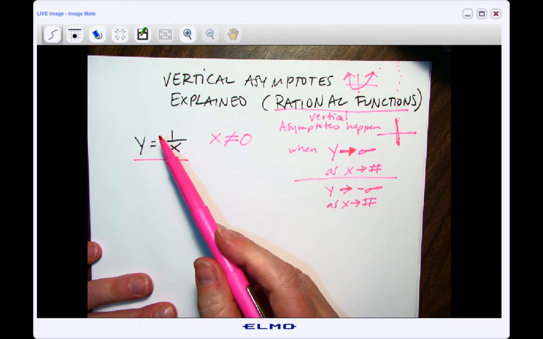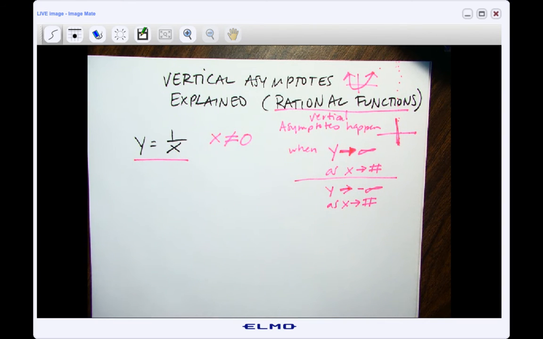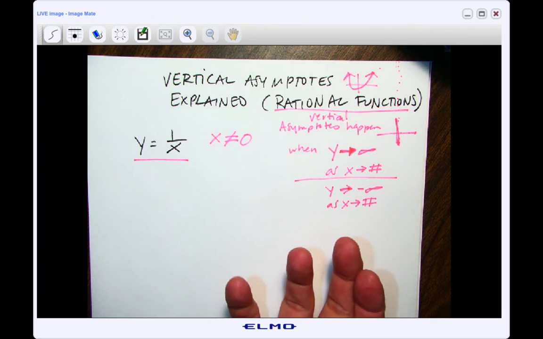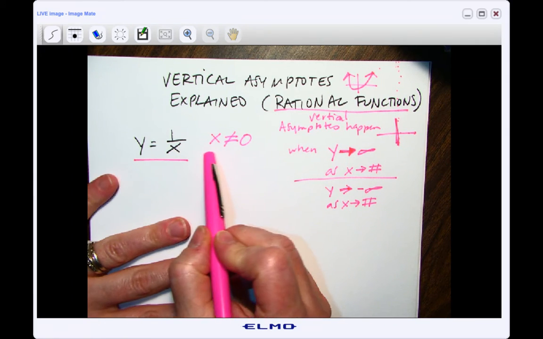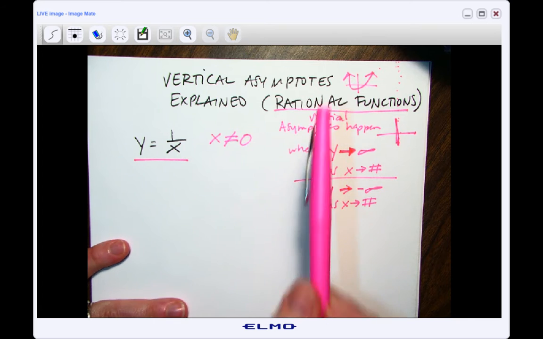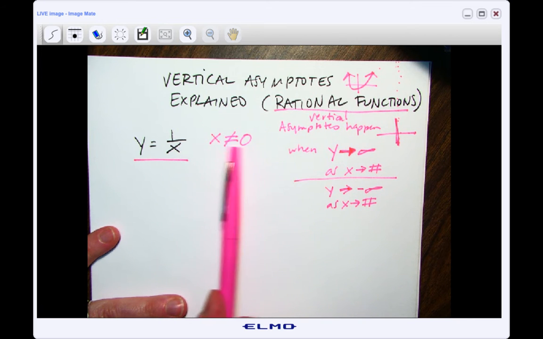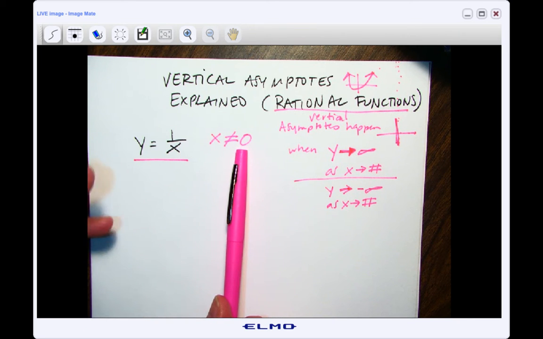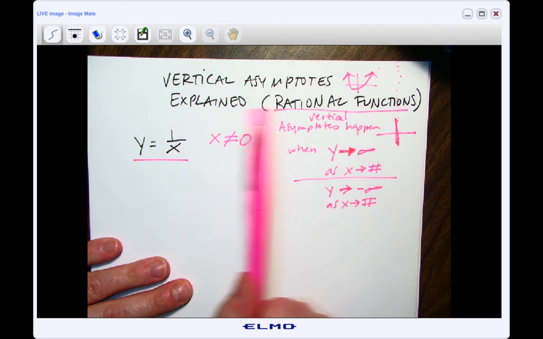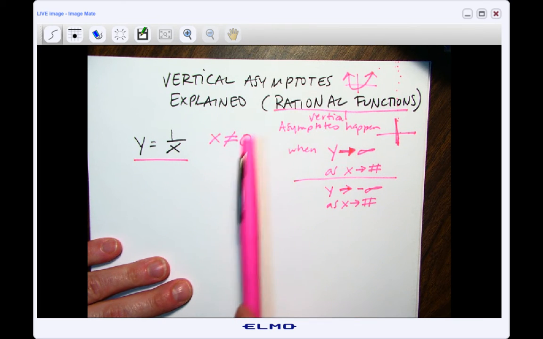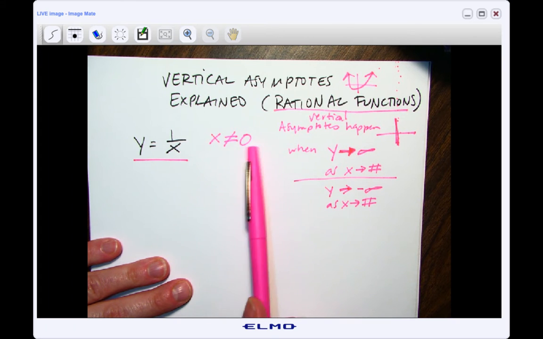Because that would mean we're dividing 1 by 0, and you can't divide 1 into no pieces, or we talked about how division is multiplying by the reciprocal, and since 0 doesn't have a reciprocal, you can't divide by 0, right? So in other words, 0 is our excluded value, and in some cases, that just means that you can't use the number 0, but in this case, it's going to create this weird thing called a vertical asymptote, close to where x is equal to 0.